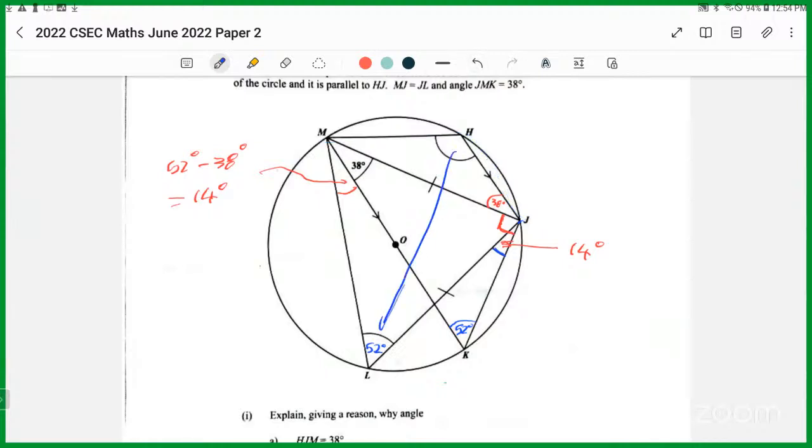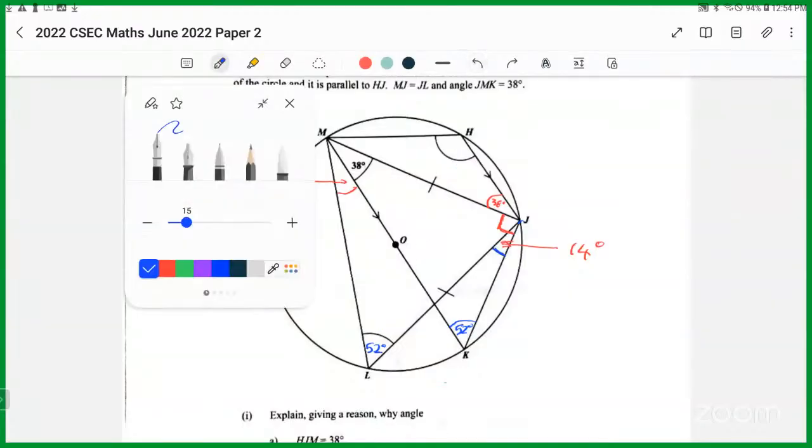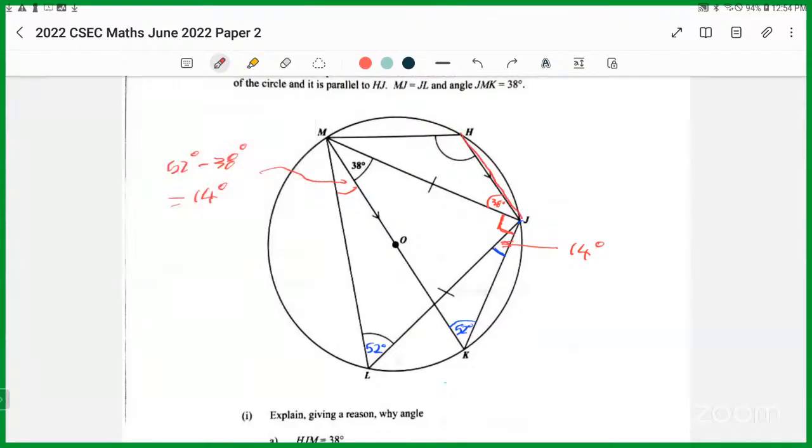These two angles are opposite angles in a cyclic quadrilateral, right? The cyclic quadrilateral here is very obvious. Draw it out in red. This line, this line, this line, and this line form a quadrilateral with 4 vertices on a circumference.